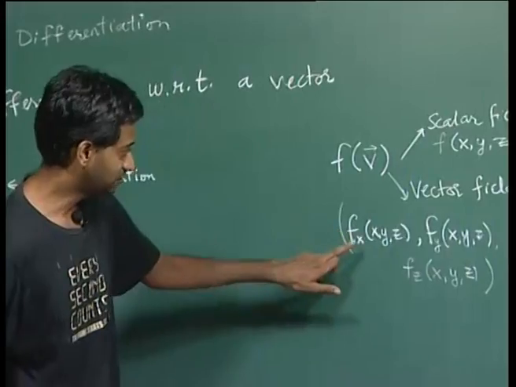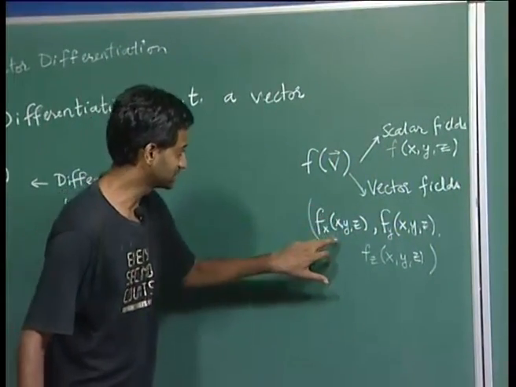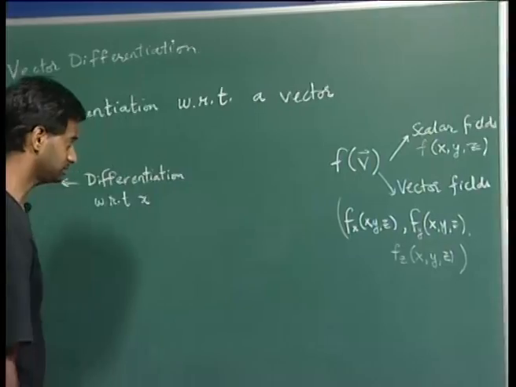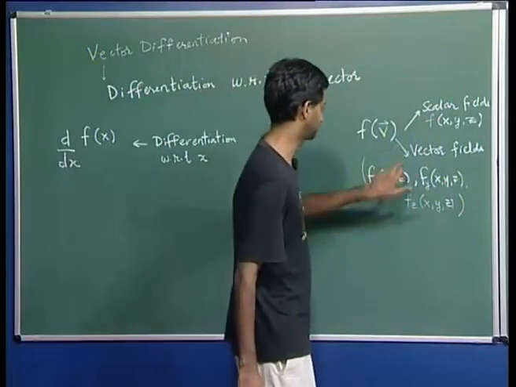Thus the function itself has three components, and each component is a function of x, y, and z. So we have two kinds of functions, scalar fields and vector fields.